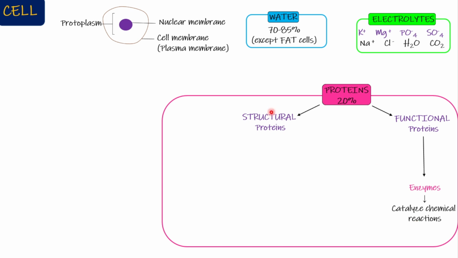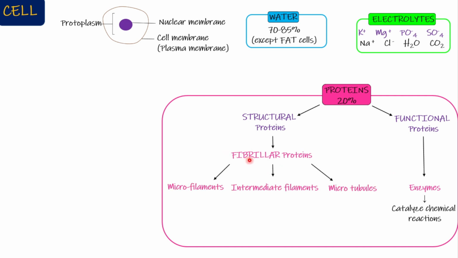Then we have structural proteins. Structural proteins are basically fibrillar proteins. There are three types of fibrillar proteins: microfilaments, microtubules, and intermediate filaments.